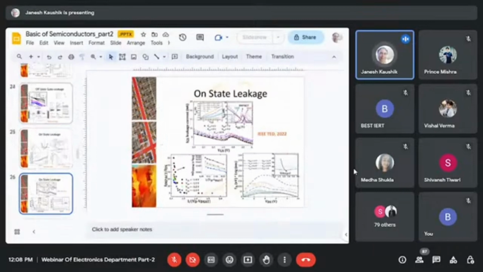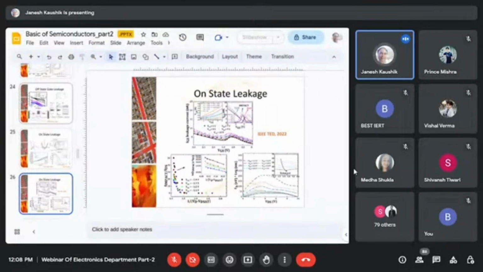So this on-state leakage current has peculiar characteristics, and you can see in this diagram that when we increase the gate voltage from negative to the positive side near the pinch-off, there is a jump in the gate leakage current.